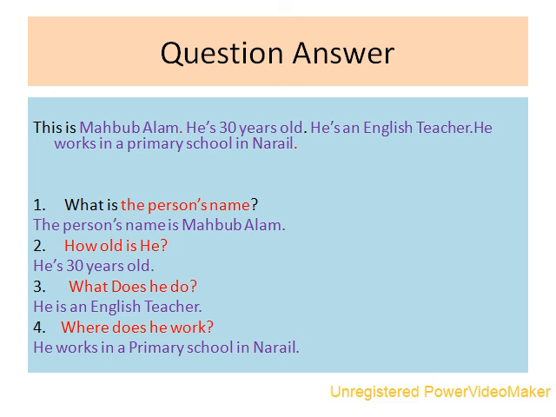You can directly take it from the passage, sentence number 3. He is an English teacher. Number 4. Where does he work? You can directly take it from the passage, number 4 sentence. He works in a primary school in Norail.